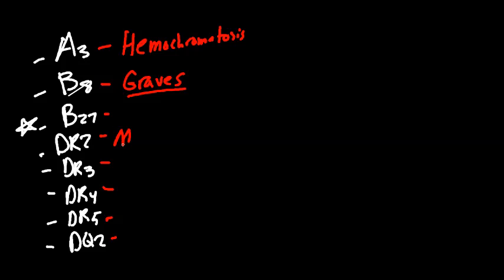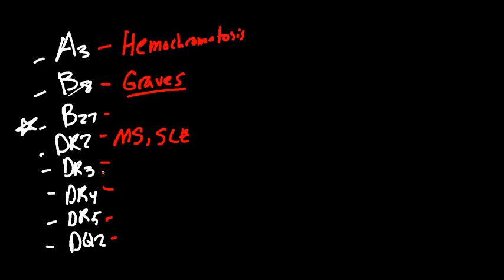So DR2, you can even have it further broken down into a different type of DR2. So if you have a certain type of DR2, you may have an immune problem, and that'll give you multiple sclerosis. It might give you systemic lupus erythematosus.